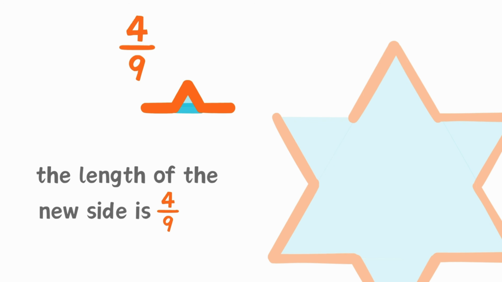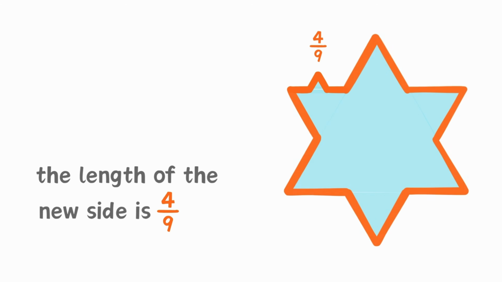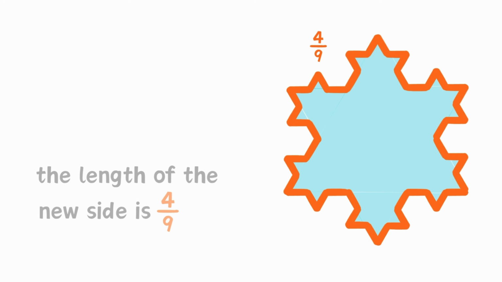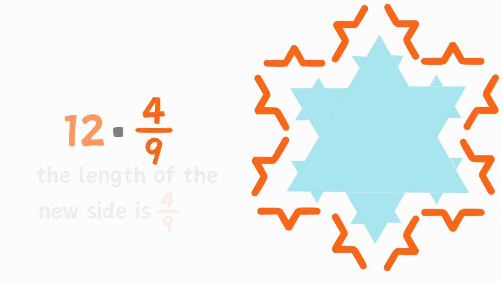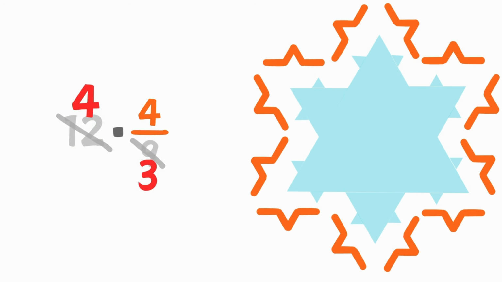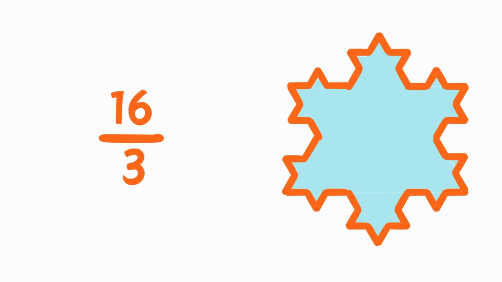Setting up the triangle in the middle will again produce 4 segments. Thus, each new side will have a length of 4/9. And repeating this process for each side, we can calculate the perimeter, and we are left with 16/3.